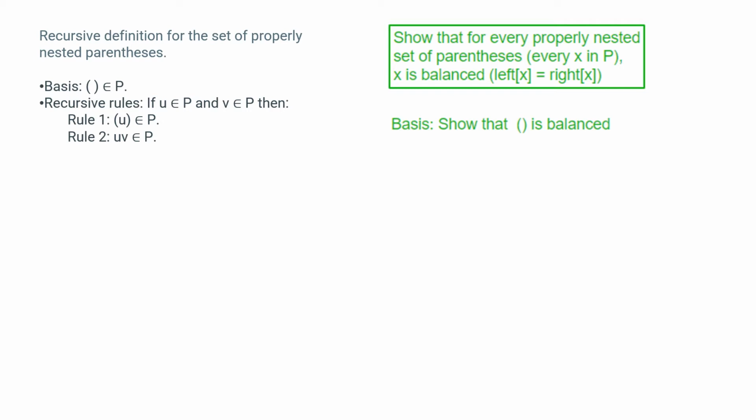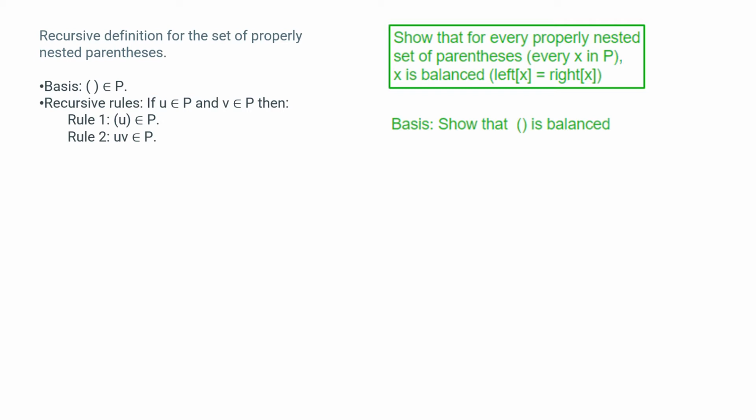And so the first step, that base case, would be showing that any elements that start out in P as part of the basis have the property we're trying to prove.